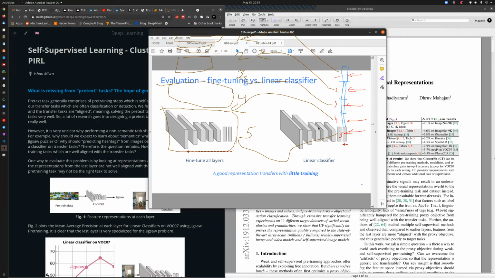You can use these two together, the fine tuning and the linear classification layers. This is not called linear classification, it's called a routing kind of network. And this is the state of the art which we do.